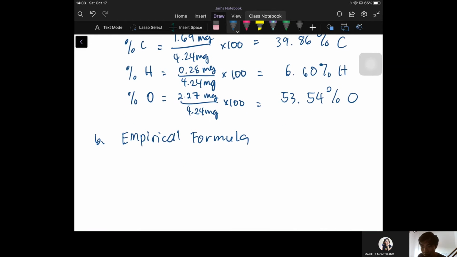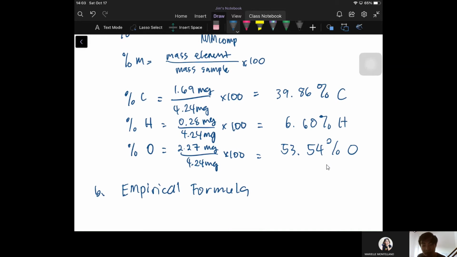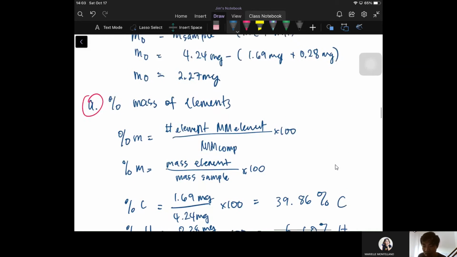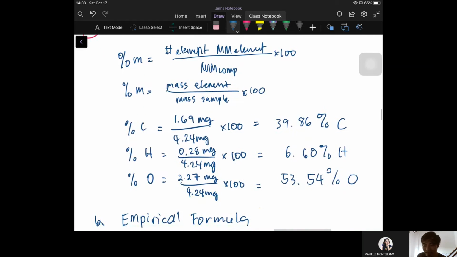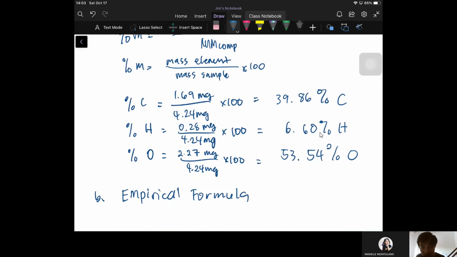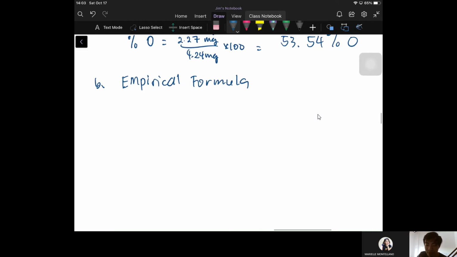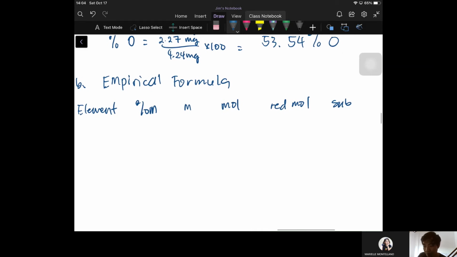This time yung percent na, no? Ito na lang gamitin natin yung percent masses. Pwede rin naman itong mga milligram. So, ang ayaw ko lang sa milligram is, yun nga, maraming decimal. Okay, so okay na itong percent na lang. Okay? Okay, so yan, you have your element here, percent mass nila, the mass, the mole, the reduced mole, and the subscript.